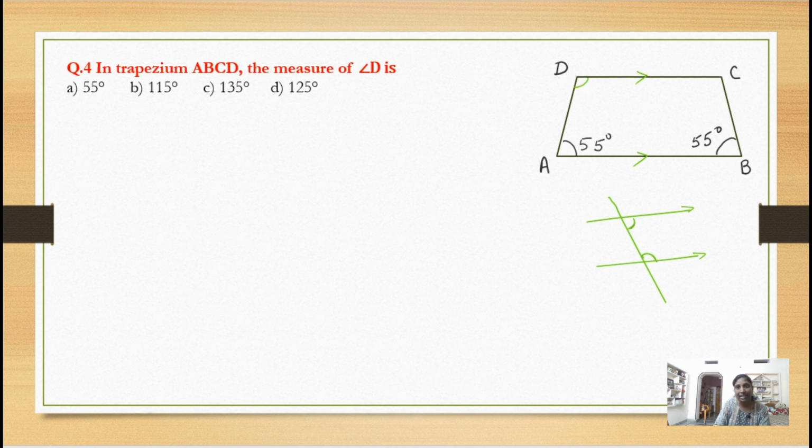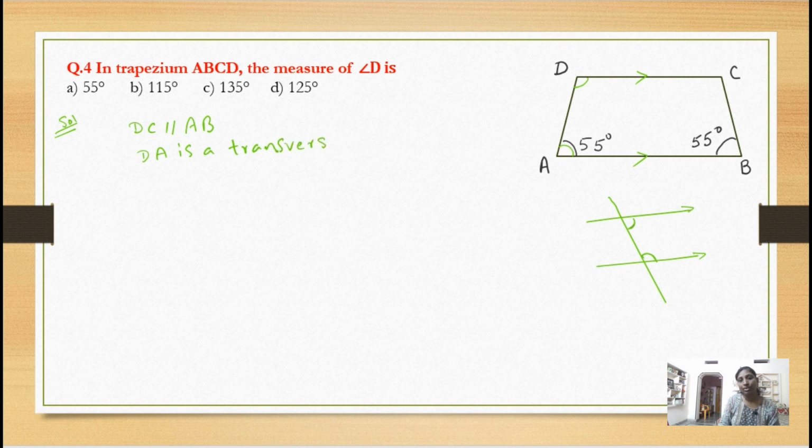Angle D and angle A are co-interior angles, since DC and AB are parallel and DA transversal intersects. One more thing you have to know, that sum of the co-interior angles is 180 degree. So here in trapezium ABCD, DC is parallel to AB and DA is a transversal.